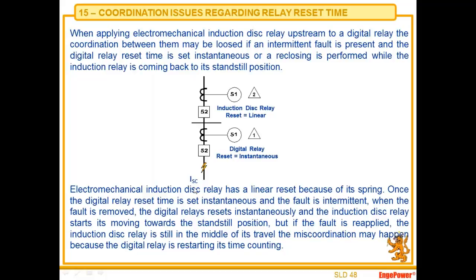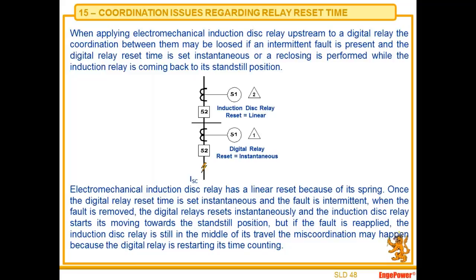But since the fault is intermittent, the fault is removed, and the digital relay, if not correctly configured or set, will reset instantaneously. But our induction disk relay will reset linearly because of its spring. So it starts moving back to the standstill position.